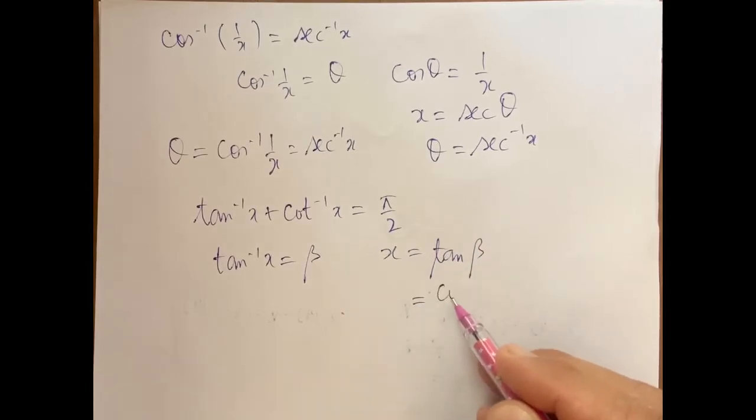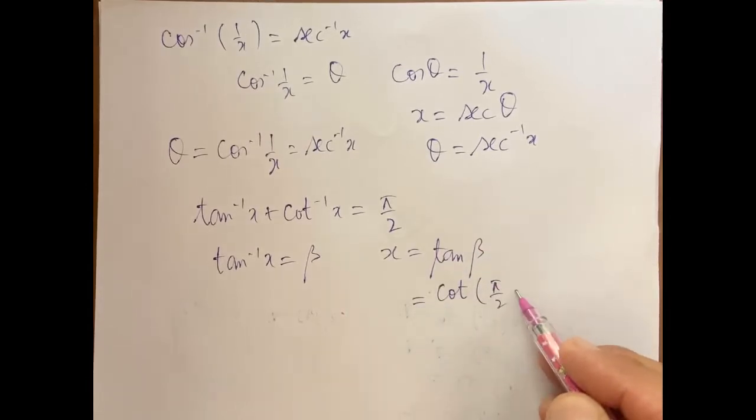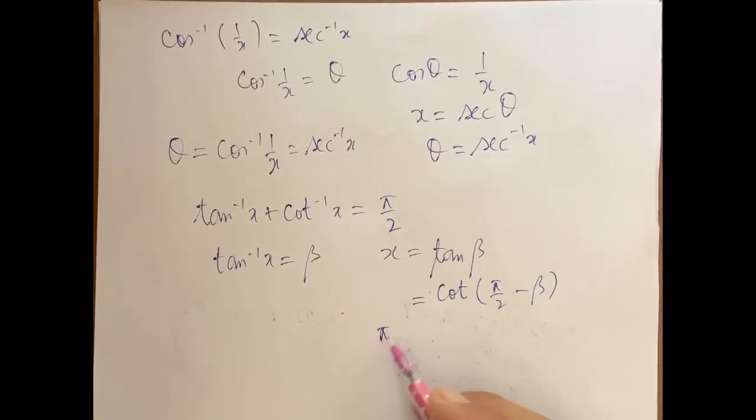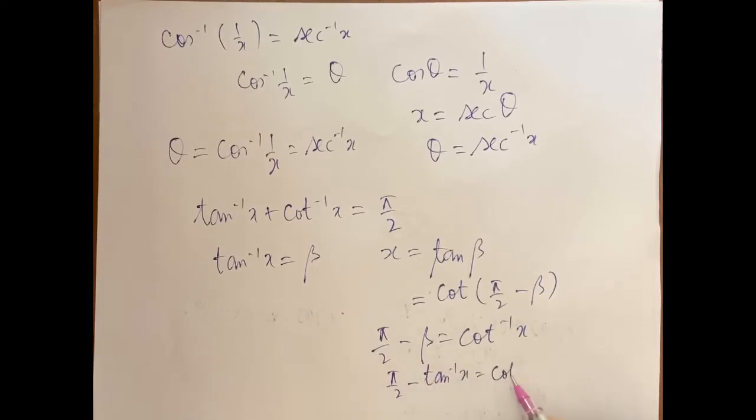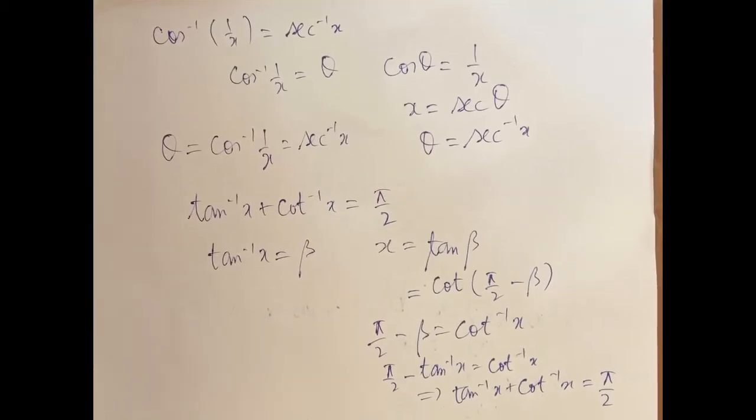This can be written as cot of pi by 2 minus beta, so pi by 2 minus beta is cot inverse of x. And what is beta? Beta is tan inverse of x. So pi by 2 minus tan inverse of x is cot inverse of x. This means tan inverse of x plus cot inverse of x is equal to pi by 2. And this is what we wanted.